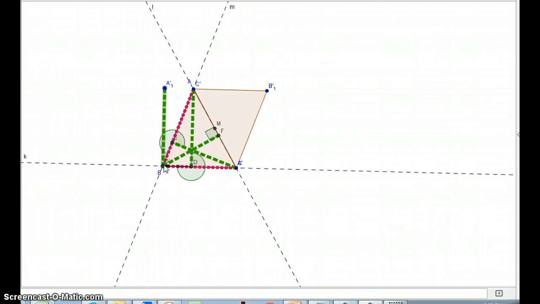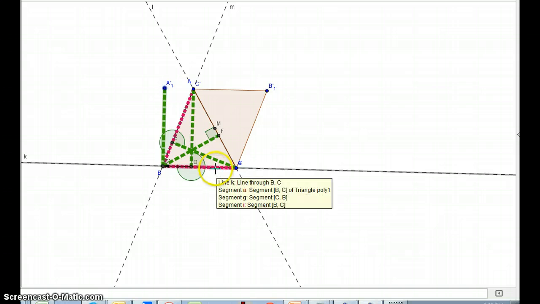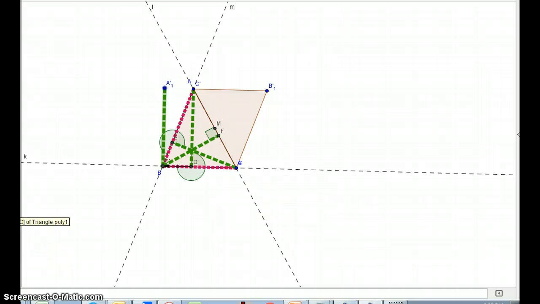And now we need the same base. So let's translate this base segment. Segment A is what we want. And we want to translate it along this vector.